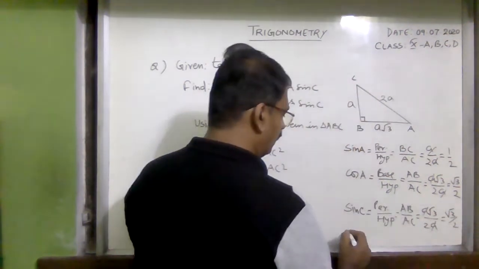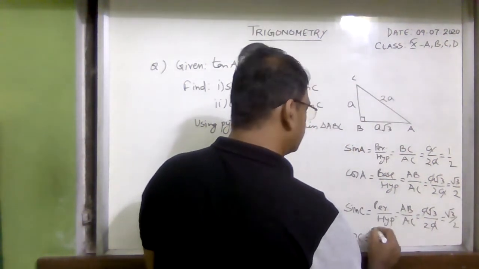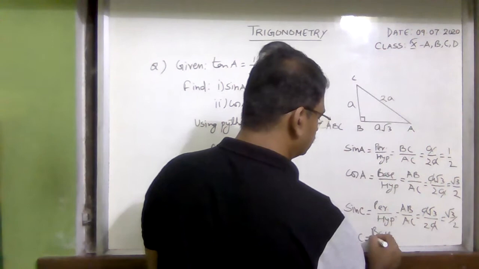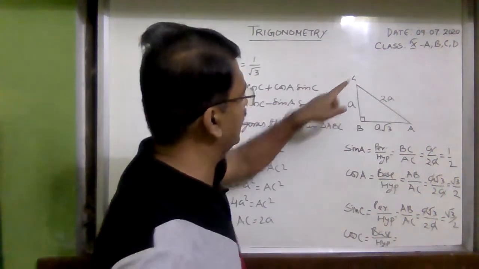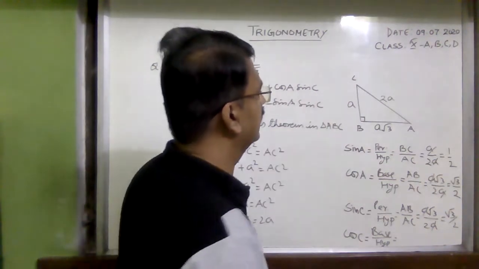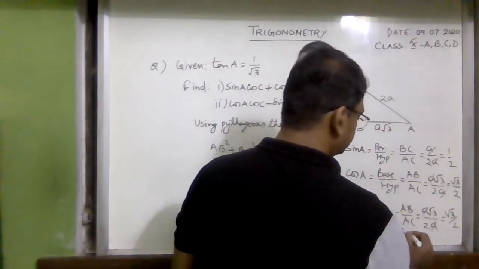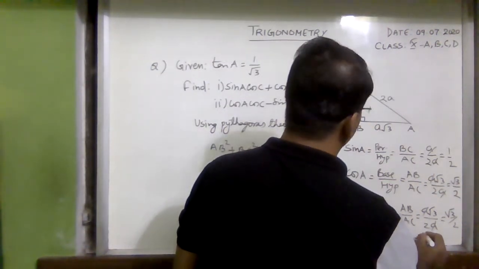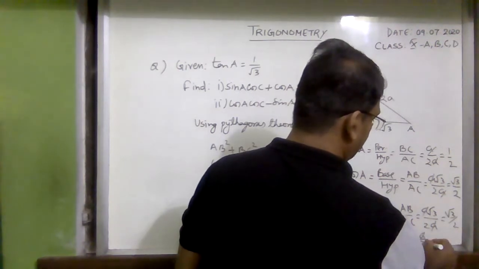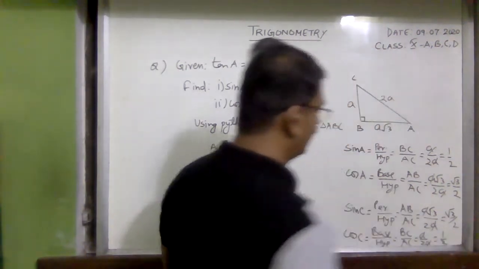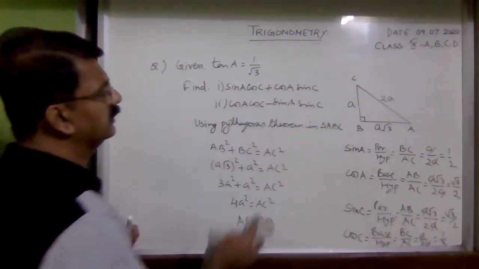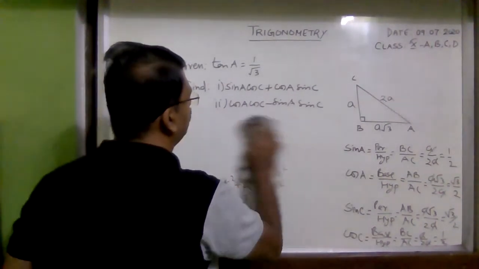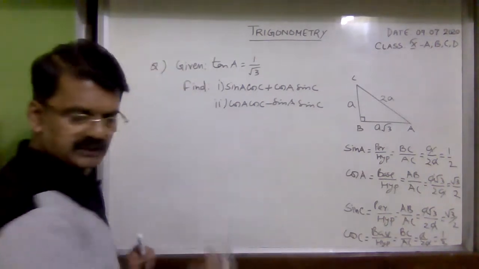Okay, and now I want cos C, which is base upon hypotenuse. But now as C is the reference angle, the base will be BC. So BC upon AC, that is A upon 2A. A can be cancelled, 1 upon 2. So I have found that the value of cos C is 1 upon 2. Now we have found all the values, so we can put them in and get the answer of these two parts.